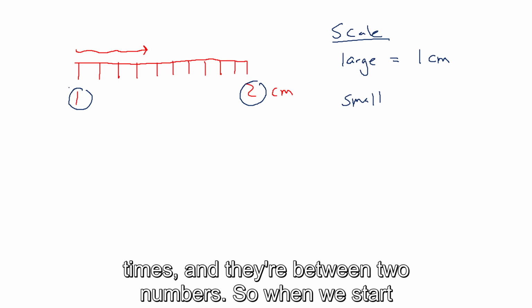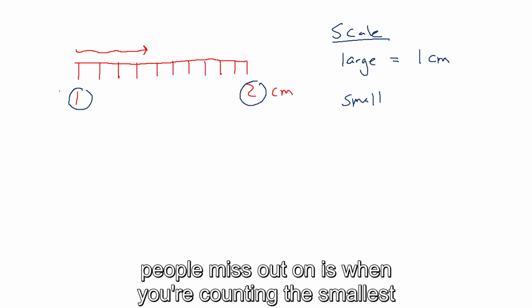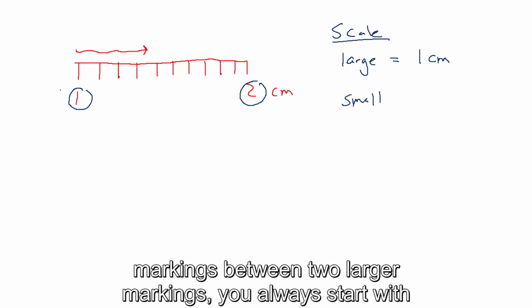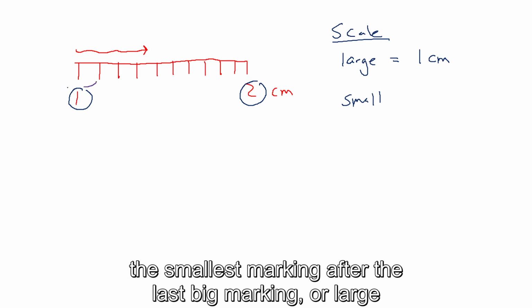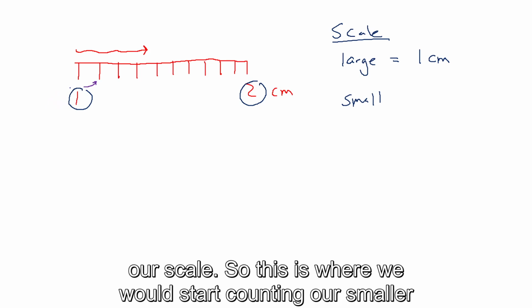So when we start counting, also a really important thing that sometimes people miss out on is when you're counting the smallest markings between two larger markings, you always start with the smallest marking after the last big marking or large marking. So here, 1 is our last sort of marked large marking on our scale. So this is where we would start counting our smaller markings.